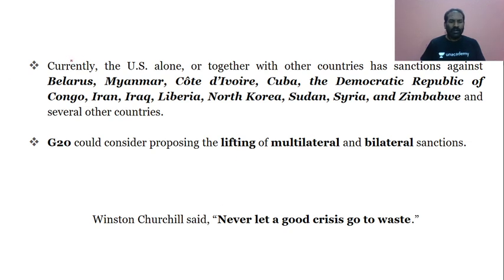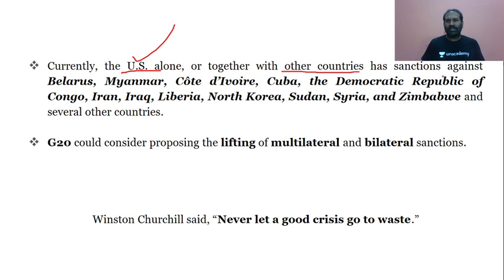Currently the US, together with other countries, has sanctions against others. It is not only Russia, Iran and North Korea, but there are countries like the US which go ahead with unilateral sanctions on various other countries. The countries which are developed and economically strong are the ones going ahead with unilateral decisions.